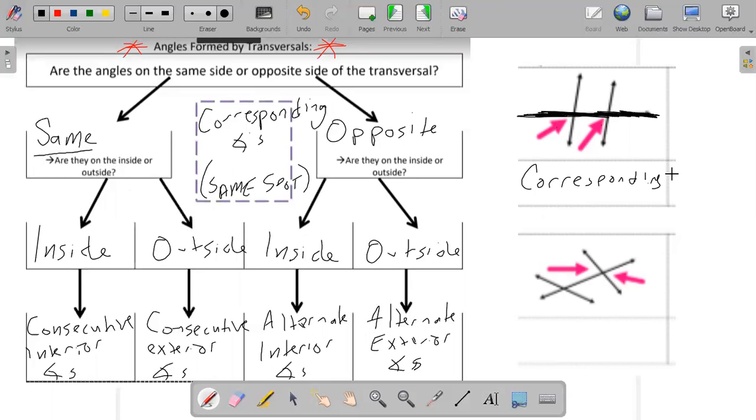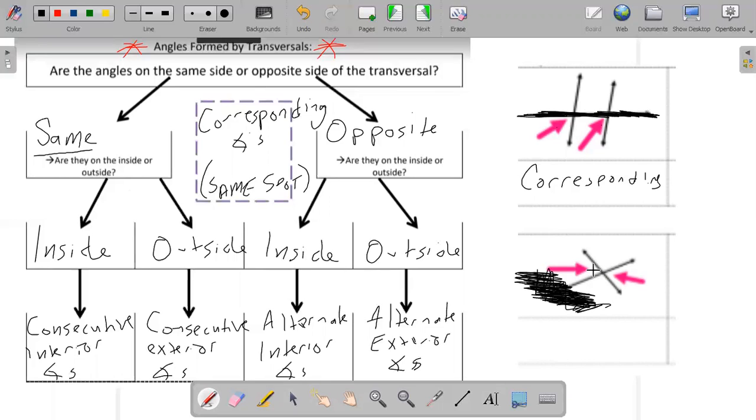Okay, so corresponding. Now this last one is a little bit trickier. Again, I cross off things that don't have anything to do with my angle. So right here, I would cross all of this off, because that has nothing to do with anything. Does this look like a picture that we've seen before today?